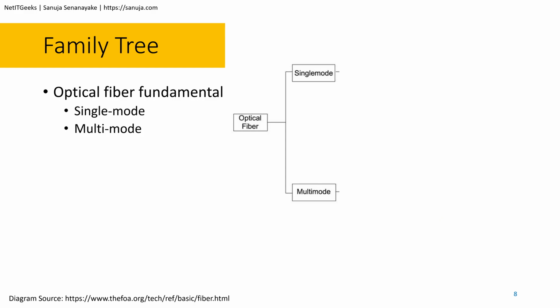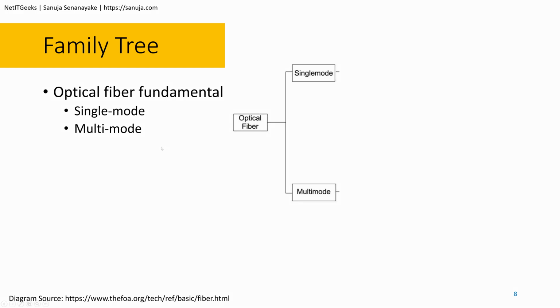So I'm going to introduce a little bit about the family tree of optical fiber systems. This is basically the fundamentals of how we break down the family tree, but I'm not going to go into depth on how they are different from each other; I will give a brief overview on the next few slides.